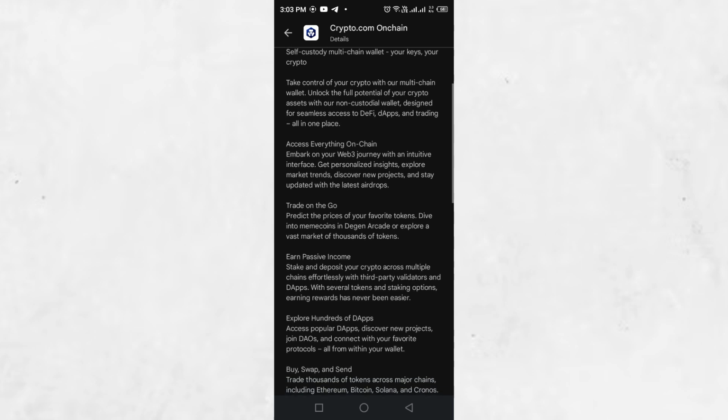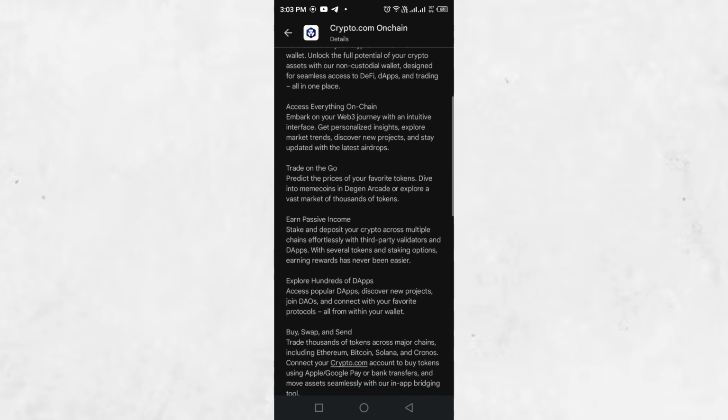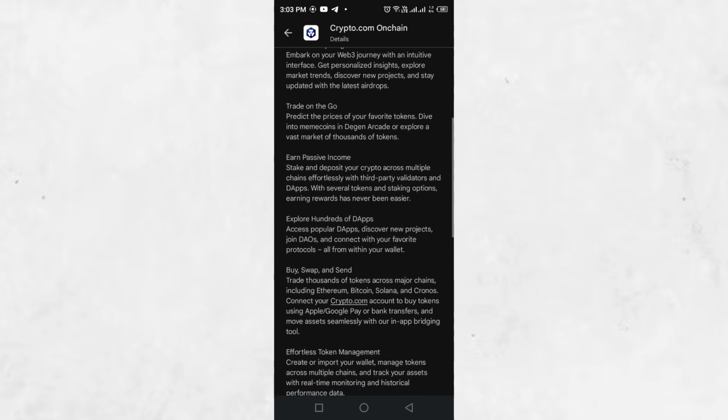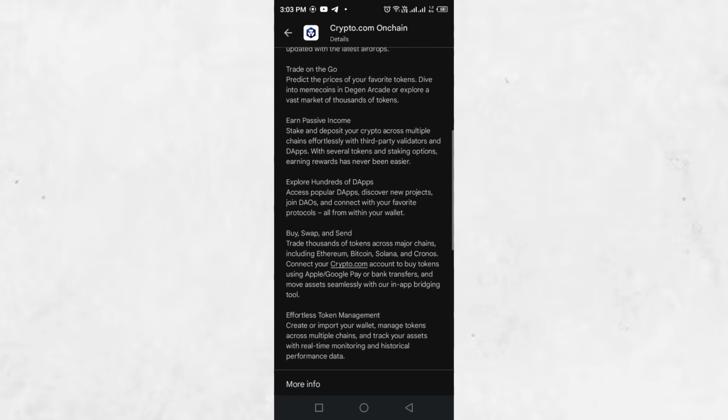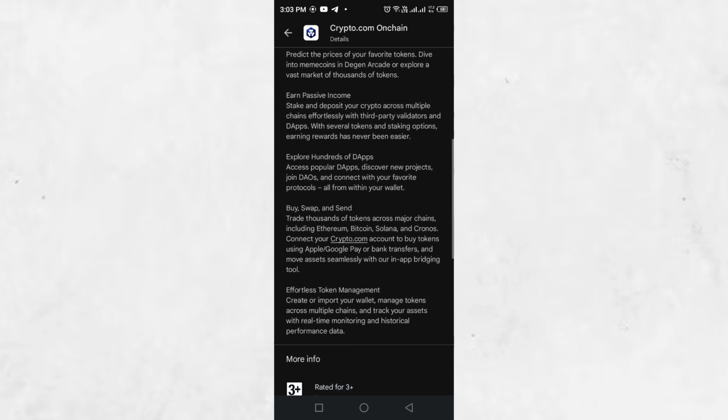Whether you're looking to trade cryptocurrencies, earn passive income through staking, explore decentralized applications, dApps, or participate in the growing NFT and gaming ecosystem, Crypto.com offers a comprehensive suite of tools to meet your needs.